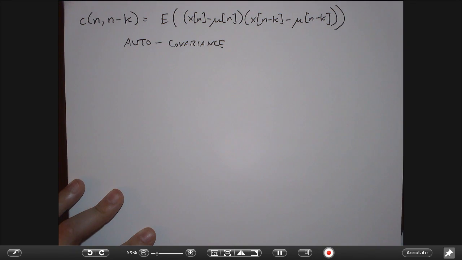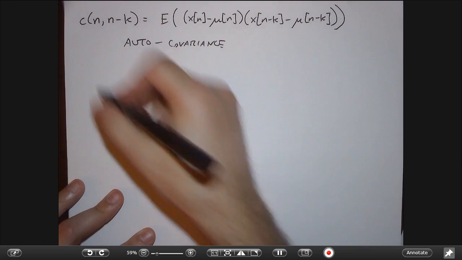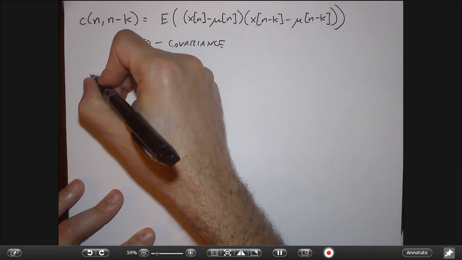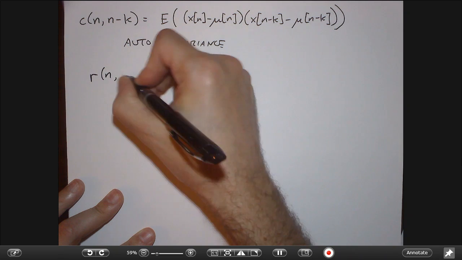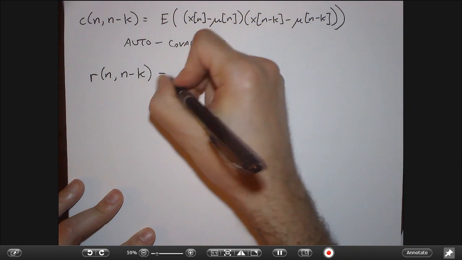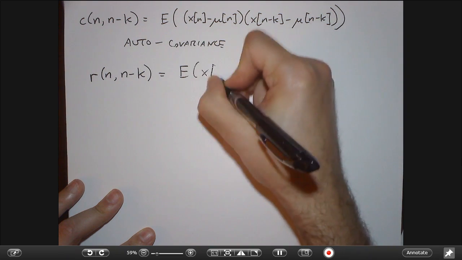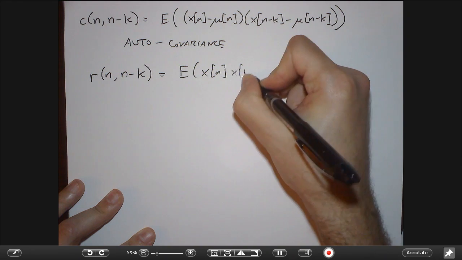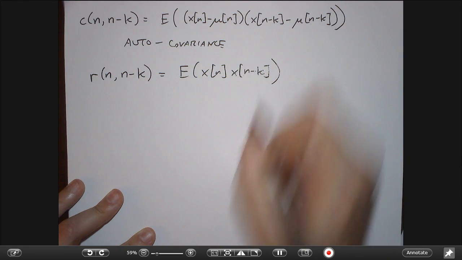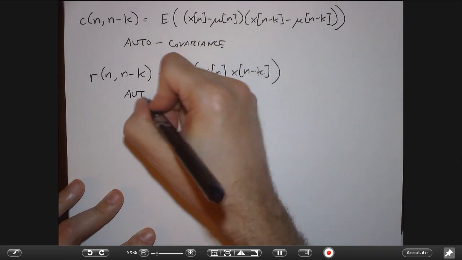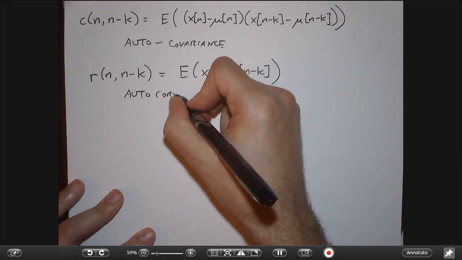And then there's something that is related to that called the autocorrelation. I'm going to denote that throughout this lecture by R. That's basically like the expected value of this, but without taking off the mean first. This is the autocorrelation.